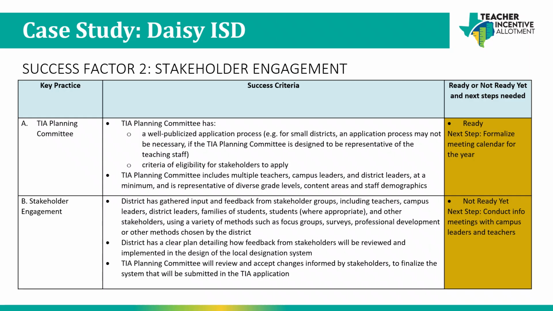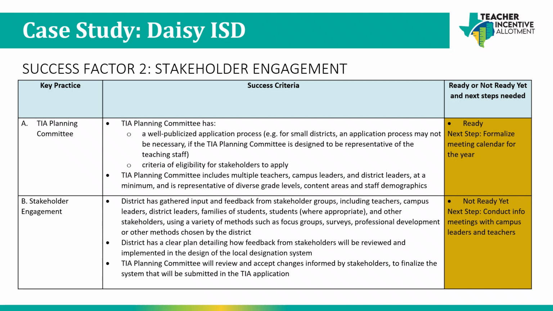Will they be meeting every week, every other week? They might want to meet more often early in the year, maybe not quite as often later in the year, those kinds of things. So that's their next step. They're ready, but they have a next step. For Part B, they are not ready yet. They have not yet done any of the stakeholder engagement sessions. They haven't conducted meetings. They haven't shared information. They just now got done forming their committee.